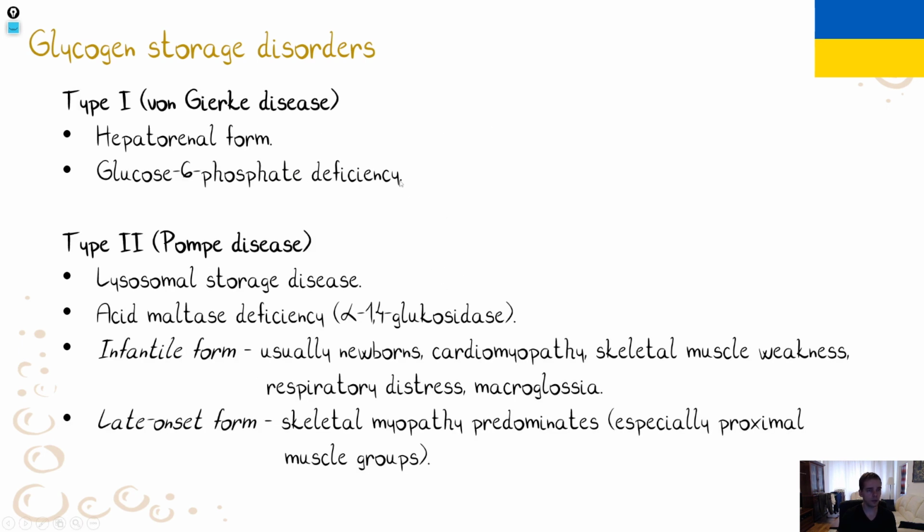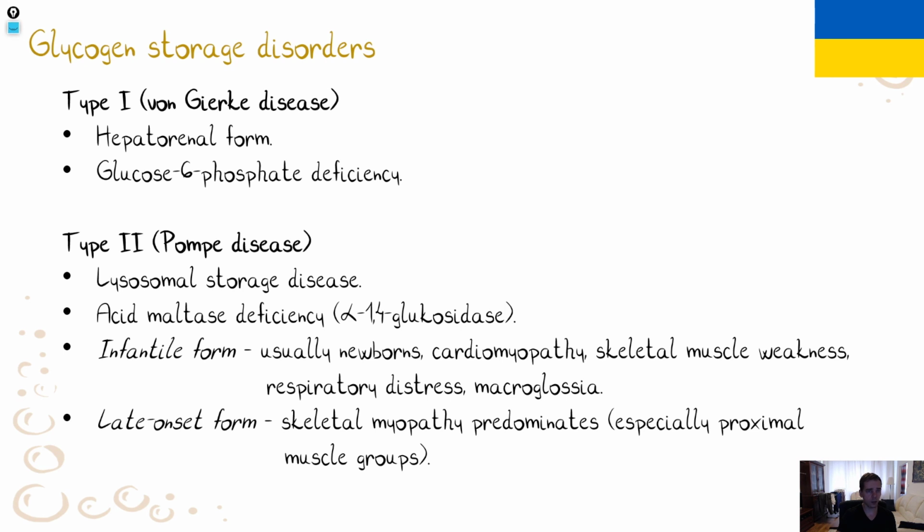Type 1 glycogenosis, or von Gierke's disease. It's a hepatorenal form, so the liver and kidneys are usually affected. It's a deficiency of so-called glucose 6-phosphatase enzyme. Type 2, or Pompe's disease. This is an example of lysosomal storage diseases.